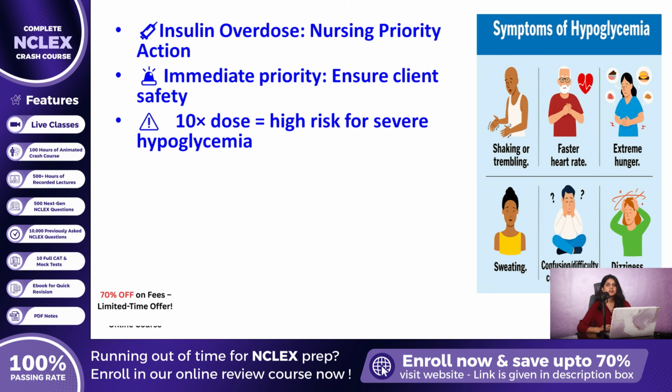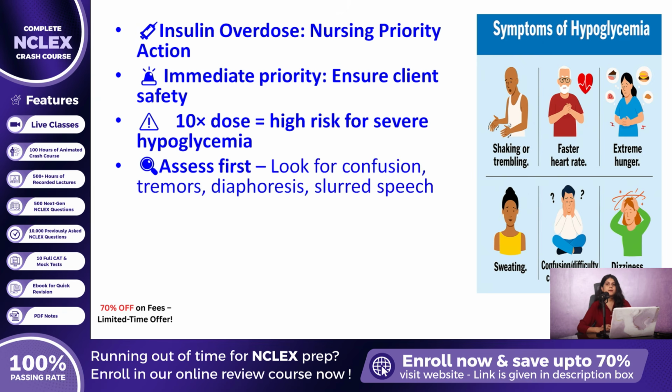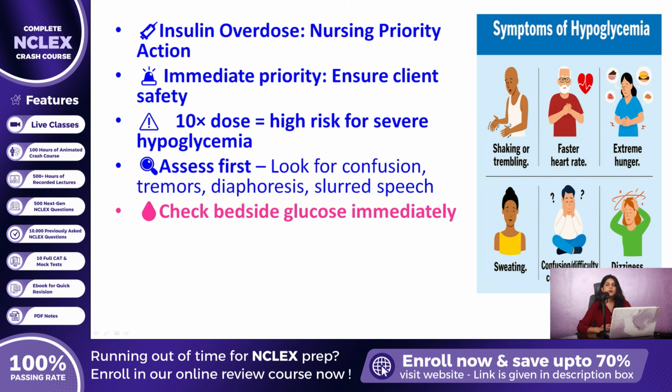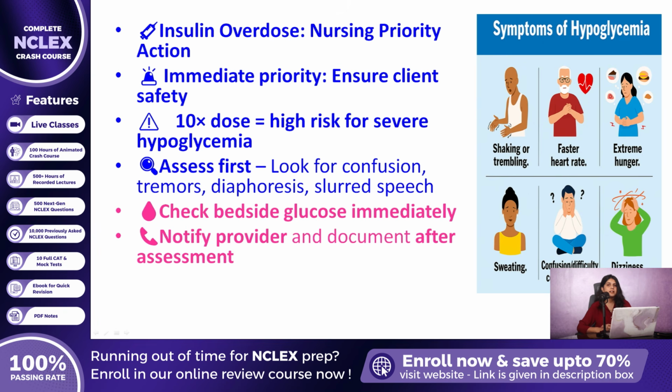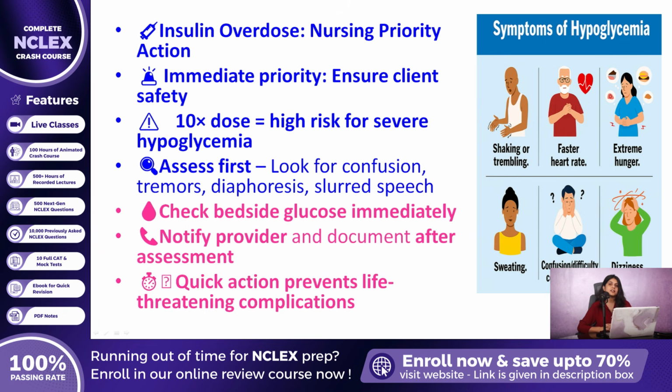The nurse must assess for signs such as confusion, tremors, diaphoresis, and slurred speech, and perform immediate bedside glucose monitoring. While contacting the provider and completing documentation are necessary steps, they follow the essential first response, assessing the client's current status to intervene without delay and prevent life-threatening complications.